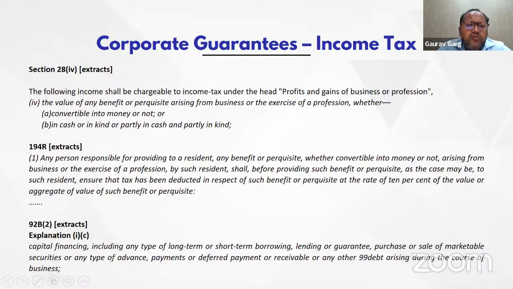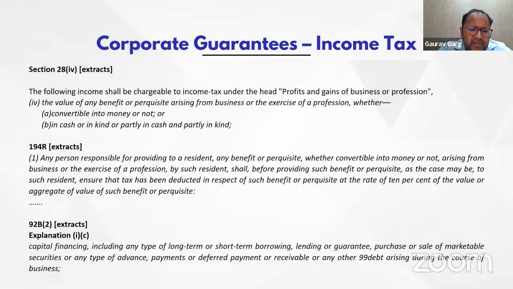Think of a situation, because that is the whole purpose of bringing the law under GST and under income tax, wherein the parent company gives the corporate guarantee to the bank on behalf of its subsidiary, and the parent company is not charging any amount for such guarantee. Now, if it qualifies to be a benefit or perquisite, then the value of such benefit or perquisite will become taxable under 28(4). And certainly one needs to deduct TDS under section 194R of the Income Tax Act.